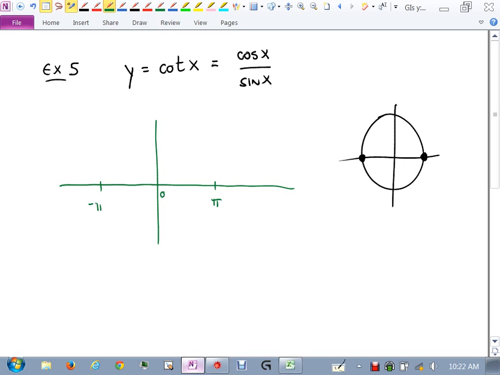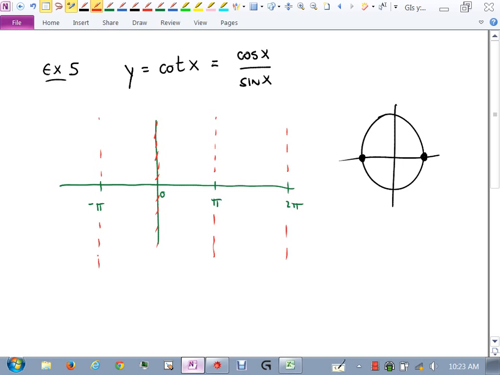I'll go negative pi, 2 pi. I know that at every one of those, I should have asymptotes. Understand that part of it?